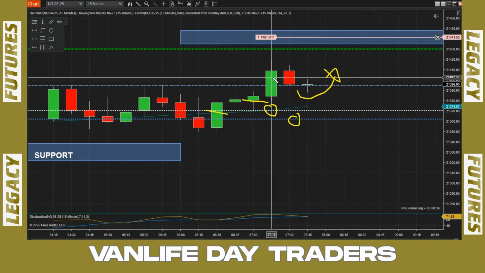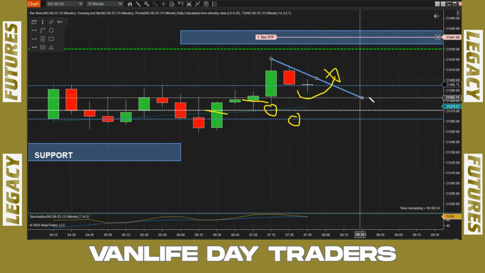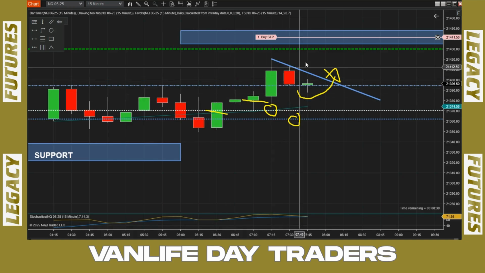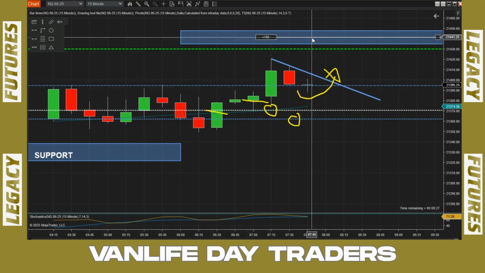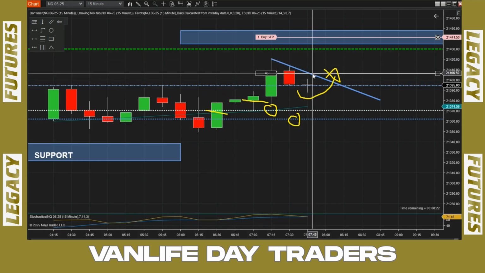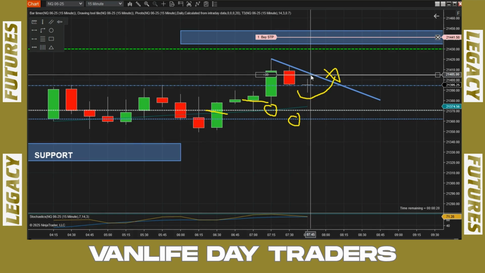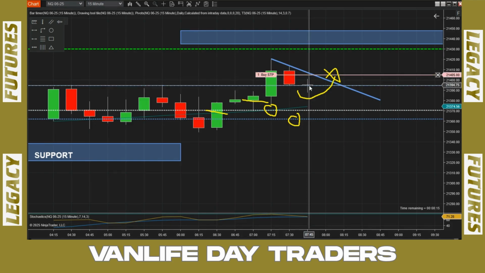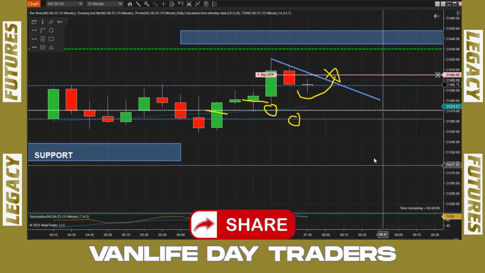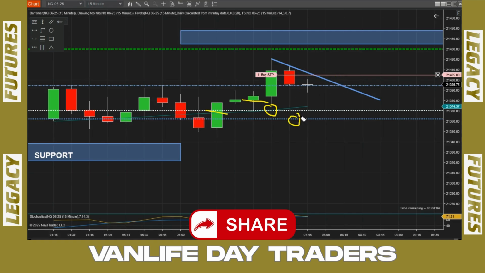I'm gonna take a line up, and a break of that resistance trend line could be around 5, perhaps. I would rather wait until 8 in the morning, okay? But well, sometimes we don't get to choose, right?